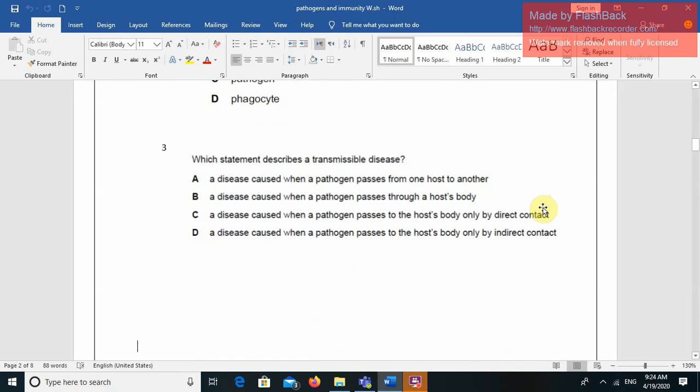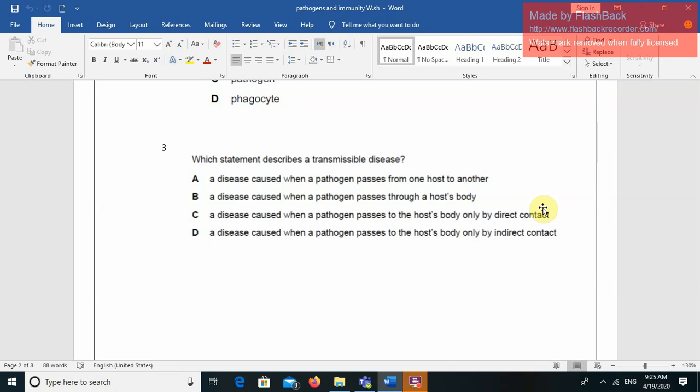3. Which statement describes a transmissible disease? It is A. A disease caused when a pathogen passes from one host into another. Let's see the other choices. B, a disease caused when a pathogen passes through a host's body. Here the pathogen is multiplying inside the host body, but in this case it is not transmitted from this host to another body.